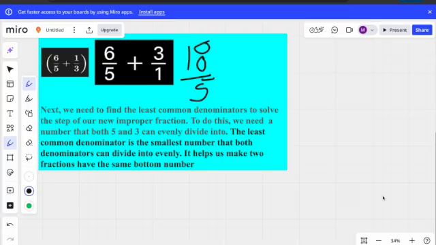Next, we must find the least common denominator to solve the next step. To do this, we need to find a number that both 5 and 3 can divide into.